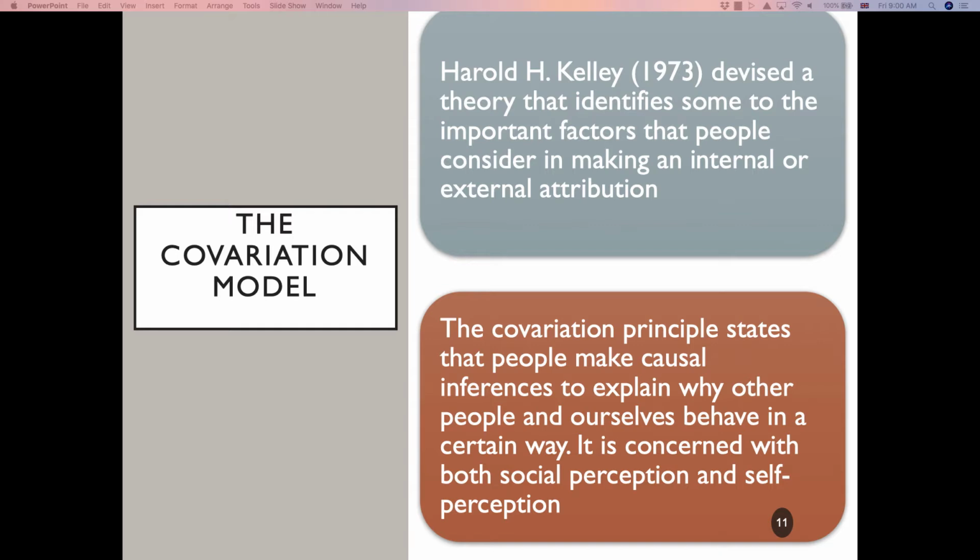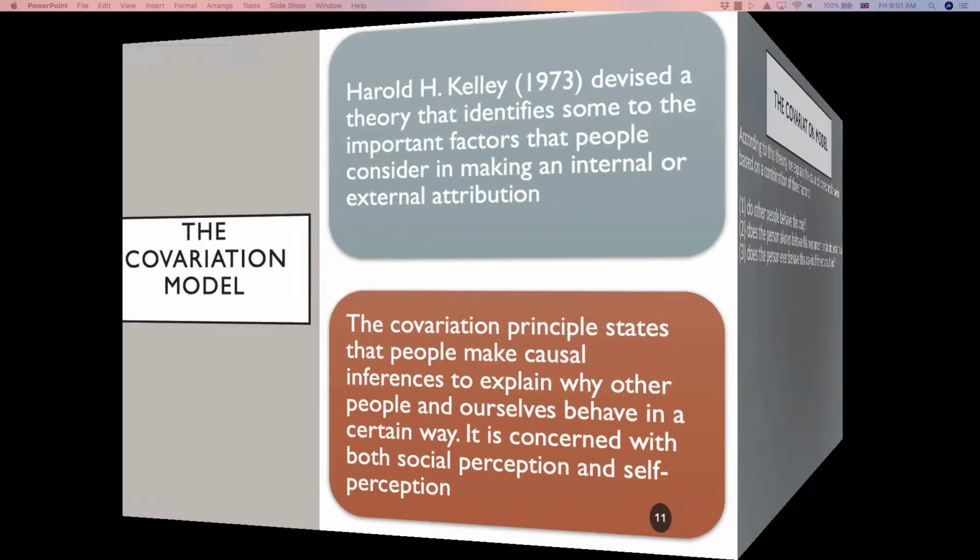Now, Harold Kelly, in 1973, way before even I was born, developed this idea of the covariation model. We attribute our behaviour to either external environment or our internal attributions, our self-perceptions.